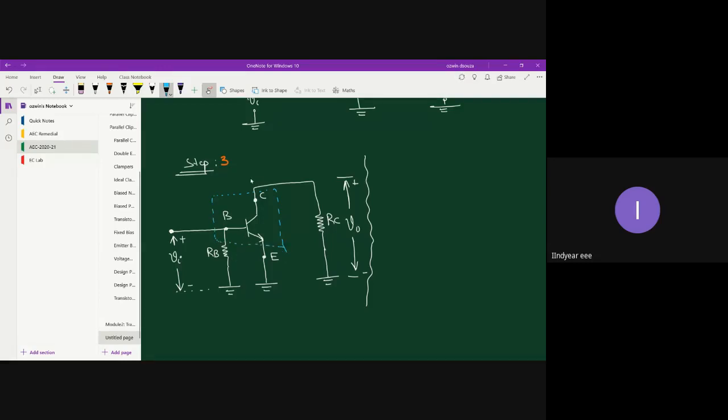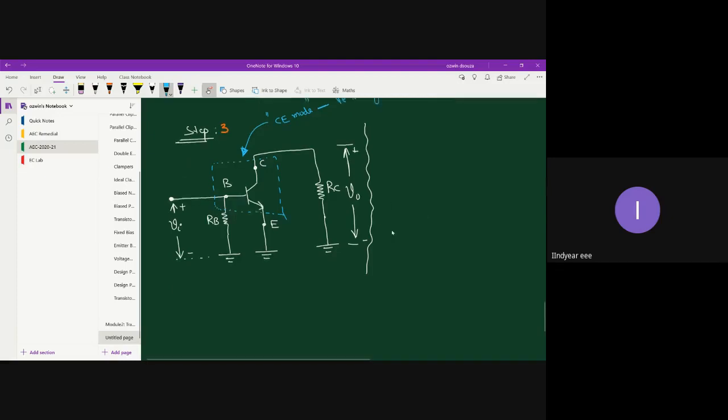Now what you have to observe is that this particular transistor is connected in common emitter mode, right? It is connected in CE mode. Hence, replace this common emitter mode device with the re model of common emitter mode. That's all you are supposed to do. Okay, let me show you how to do it.